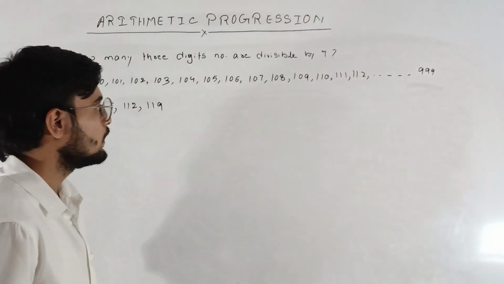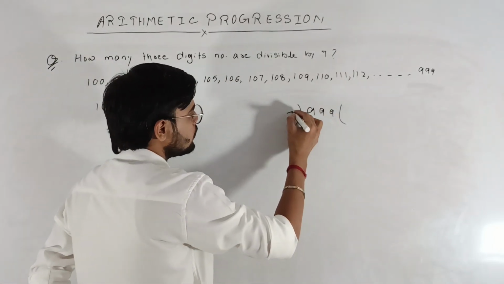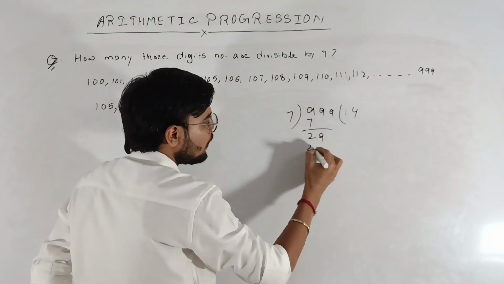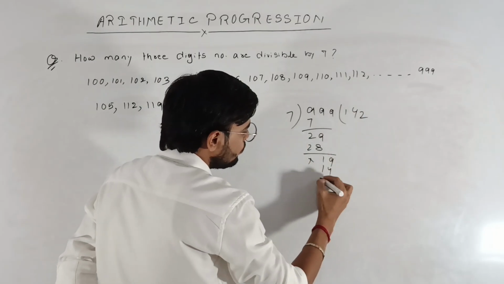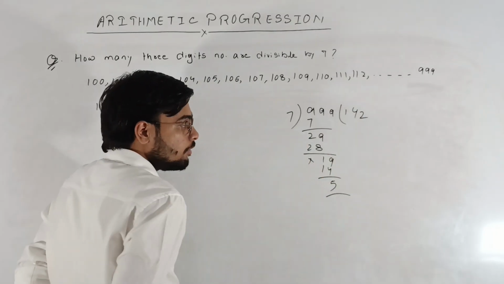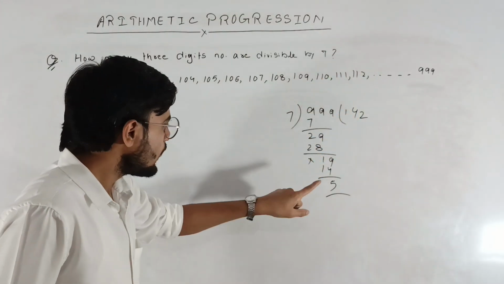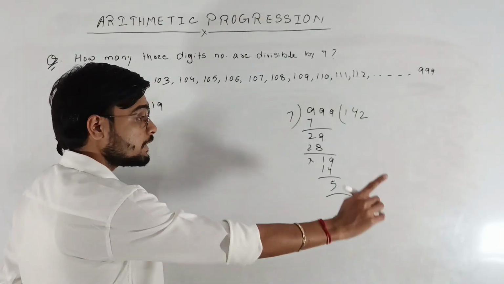Now let's see from the last. The last number is 999. Let's see if this is divisible or not. 7 1 7, 29, 7 4 28, 19, 7 2 14. We have remainder 5, which means 999 is not divisible by 7. Now if I subtract this 5 from 999, we get a number which is divisible by 7.